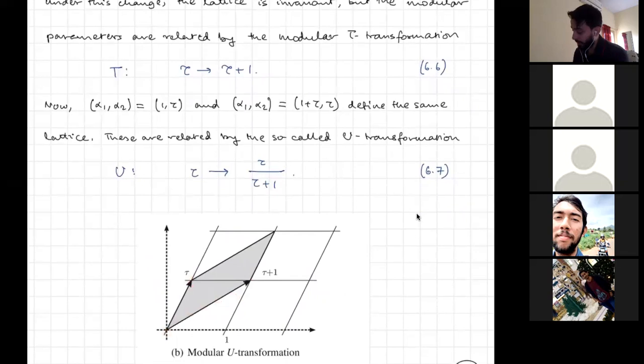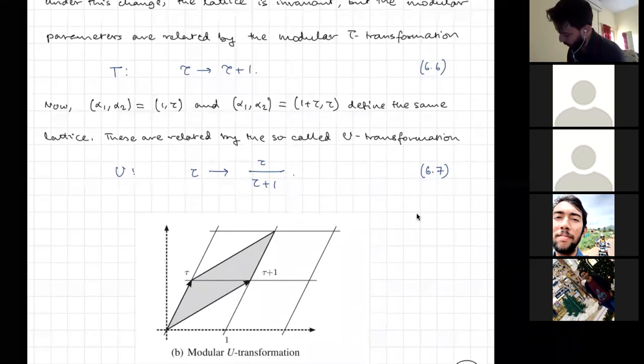And now what has happened is that your tau has gone to tau by tau plus 1. So this is the U transformation.